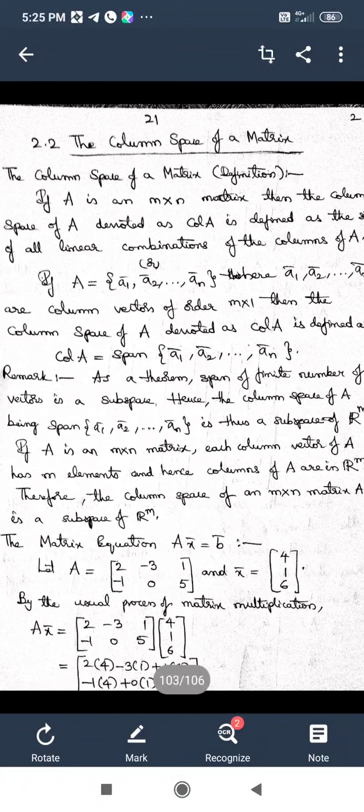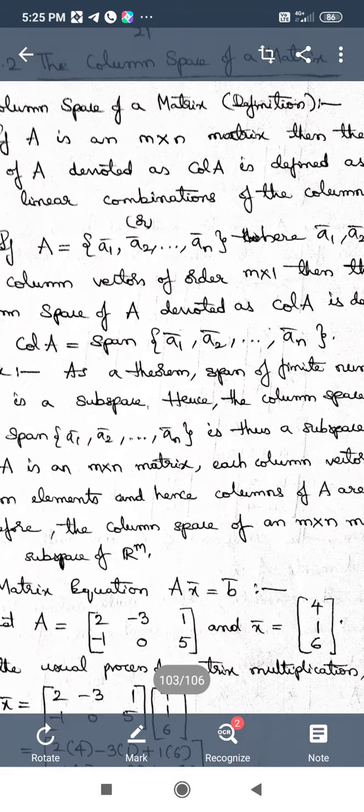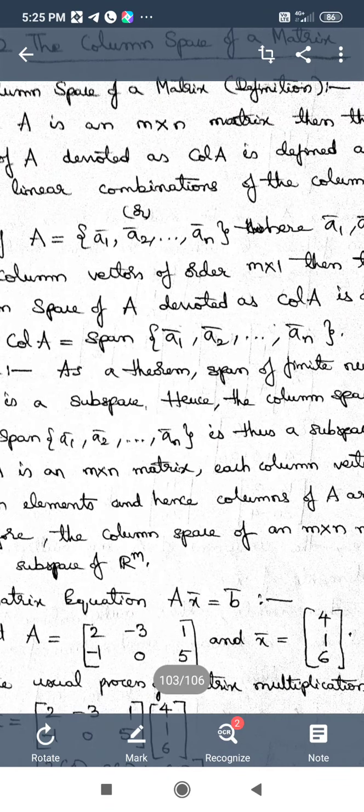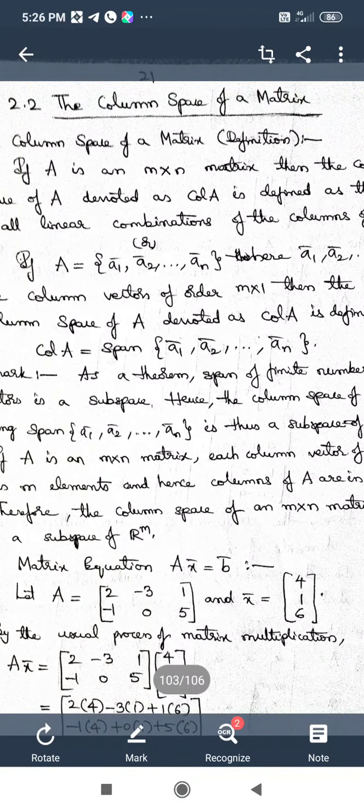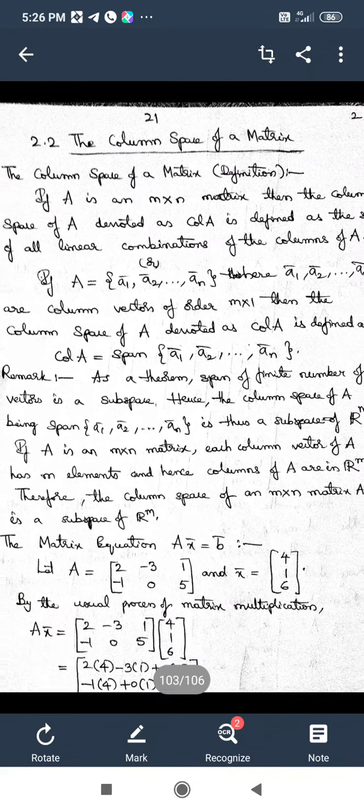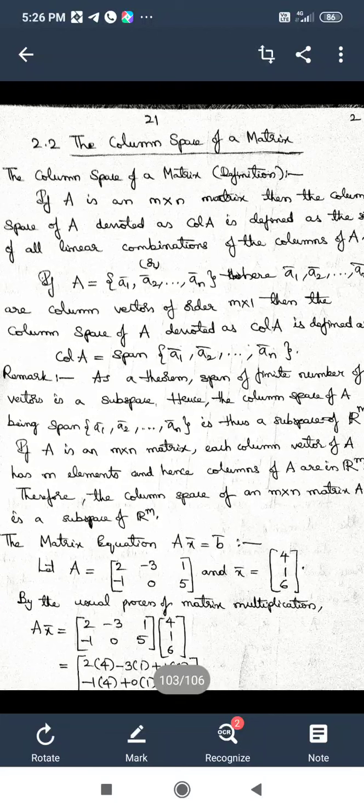The column space of A, as we defined above, is COL A equal to span of a1 bar, a2 bar, so on an bar, and these are a finite number of vectors. So we can say that the span of a1 bar, a2 bar, so on an bar is a subspace of Rm. Here the vector space I am considering is Rm.